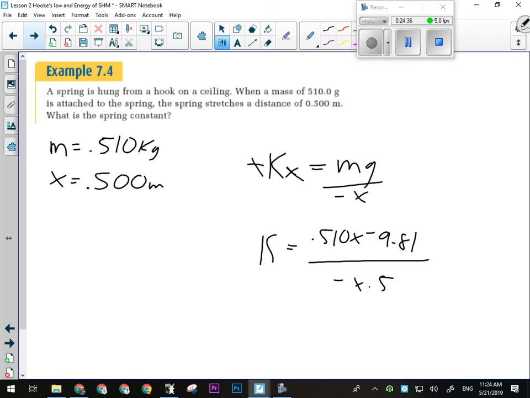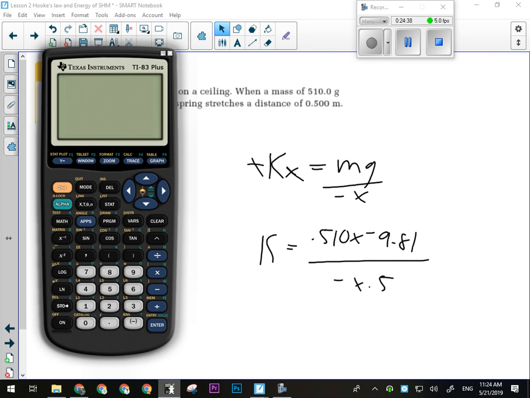When we do this, we end up with a negative number. That's going to be a little bit off, but we just recognize that that isn't possible. So our spring constant is 10 newtons per meter. It came out negative simply because I had two negatives on the bottom.